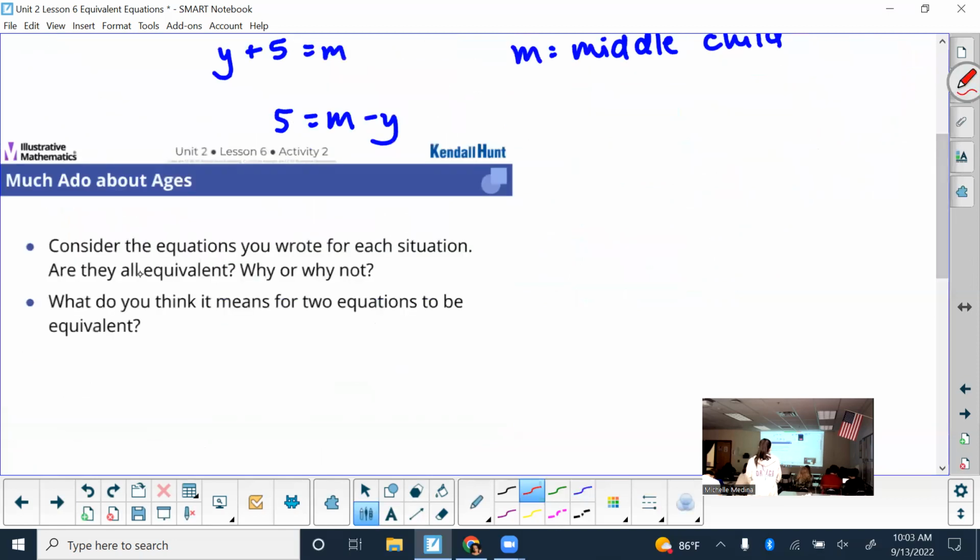Or if I solve for x, I should have the same answer. What do you think it means for two equations to be equivalent? Kind of a repeat of our definition. Equivalent equations have the same solutions. I don't know if there's anywhere for you to write that, but just FYI.